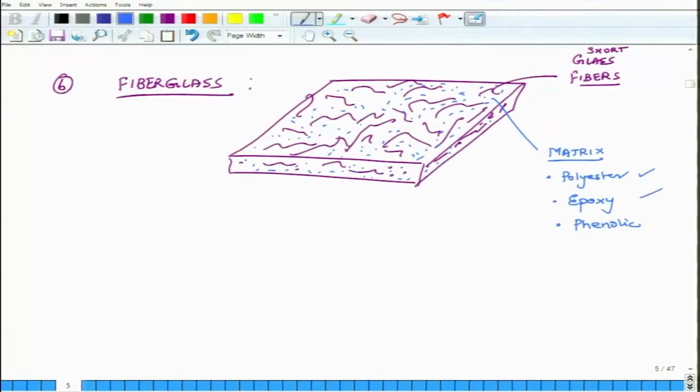So, what they do is they have a gun, they have a pipe through which fiber comes, and it is sprayed on an area where you want to make a fiberglass board. So, you spray it, and through another pipe high viscosity fluid, which is matrix, also comes, and then you spray it, and then you give it the shape you want it to be in, and that is how a lot of times fiberglass boards are made.